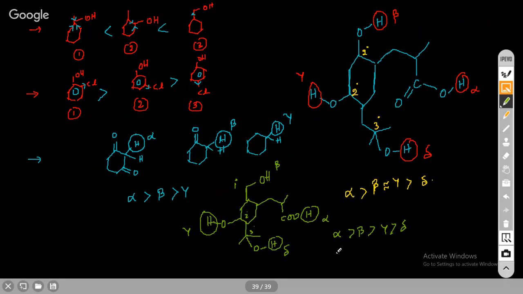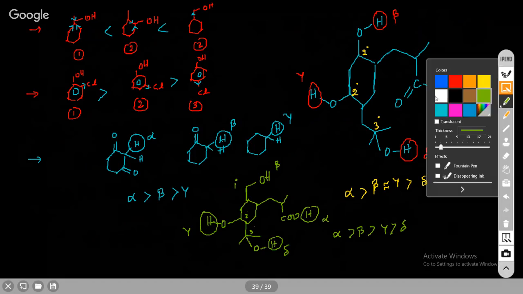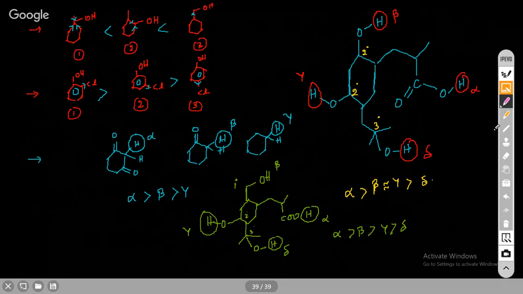Understood this? Yes or no? Yes. Now one more change you can do in this question. Suppose I add fluorine here. So the order is this for the first question. Okay, don't get confused. The order is this for the first question.